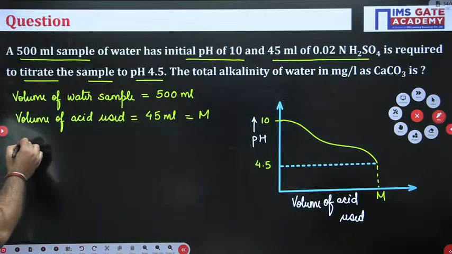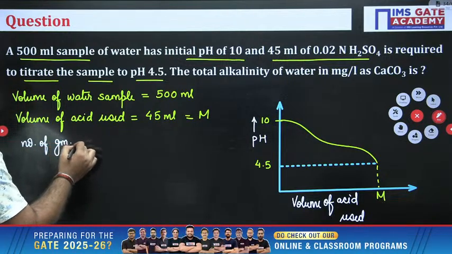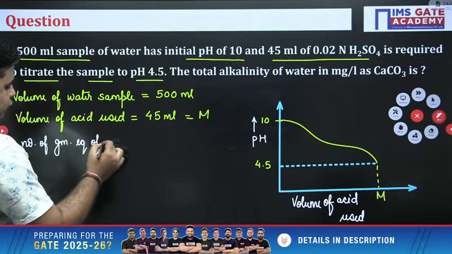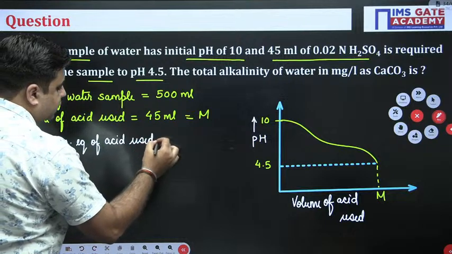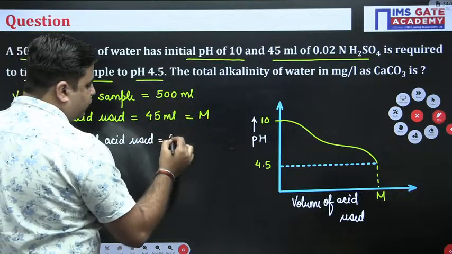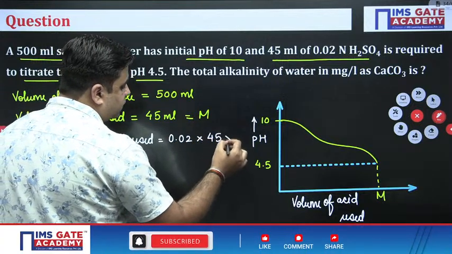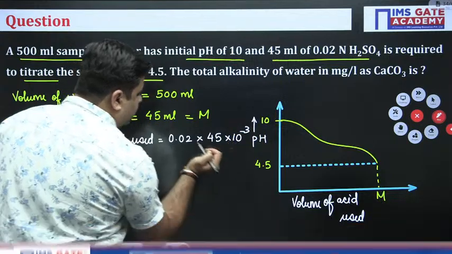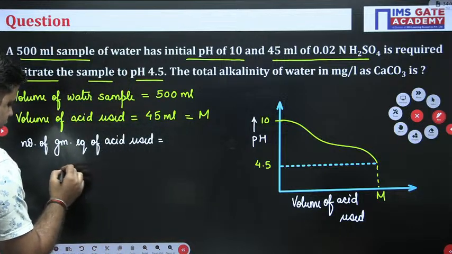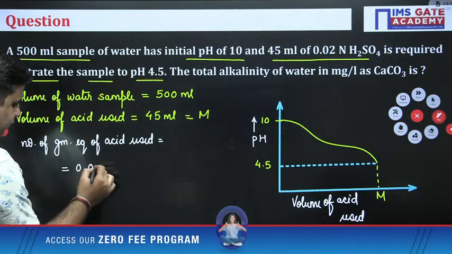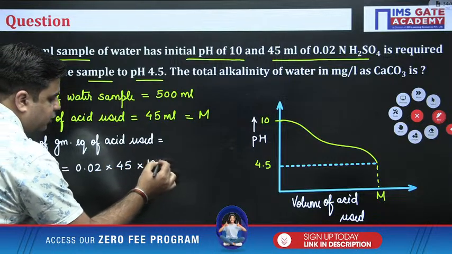So, number of gram equivalents of acid used is normality of the acid, which is 0.02, multiplied by volume of the acid. Now since volume is in ml, I will take 10 raised to power minus 3.